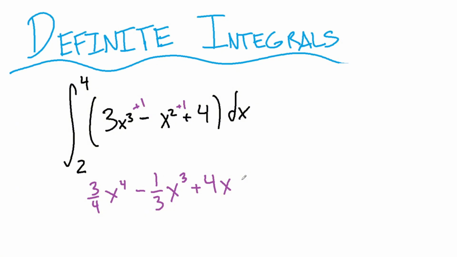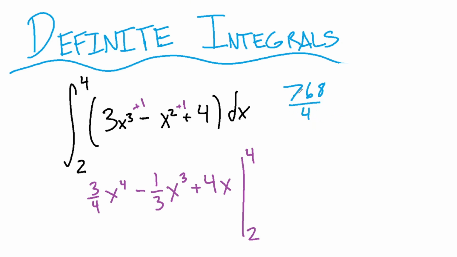So what we're going to do now is draw this line and write the lower and upper limits to show what we're plugging in. Now we first plug in the upper limit. So 4 to the power of 4 is 256. 256 times 3 is 768, so we're going to have 768 divided by 4.